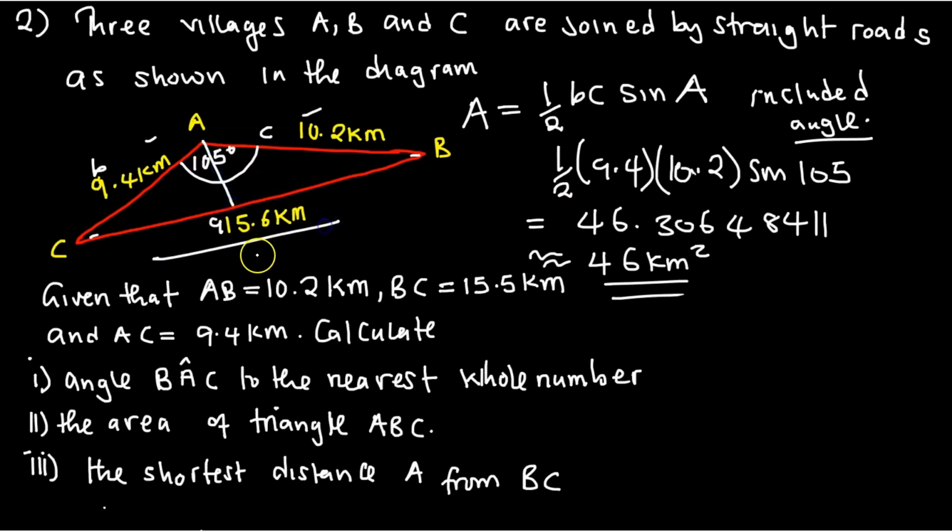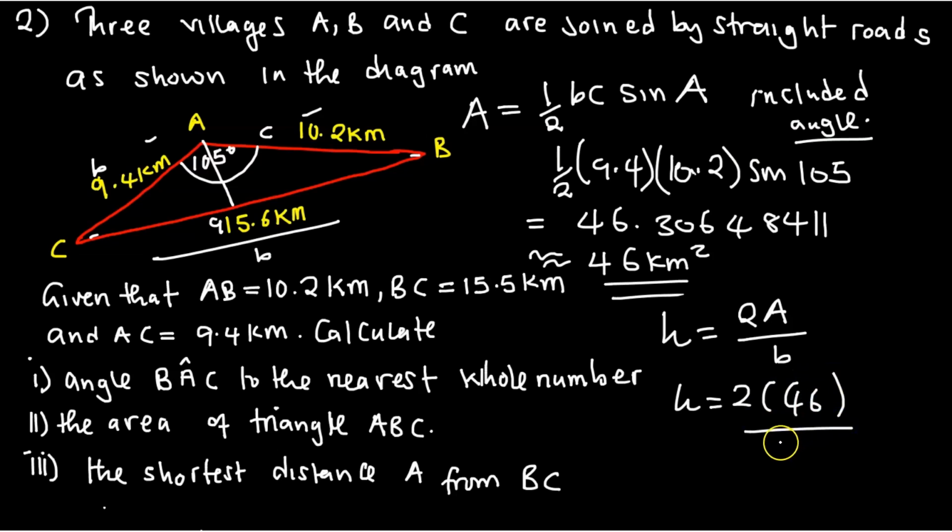So automatically this one becomes our B. So the shortest distance, the height, is equal to 2 area divided by B. So what is our area? 46 divided by what is our B? 15.6.